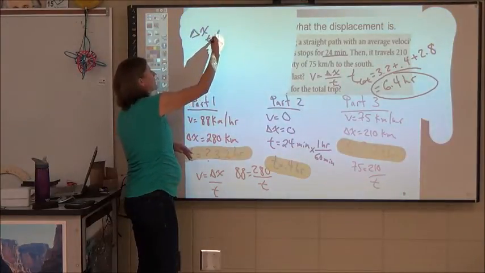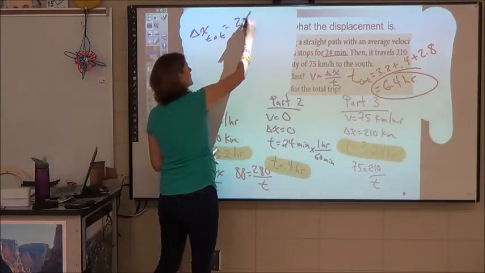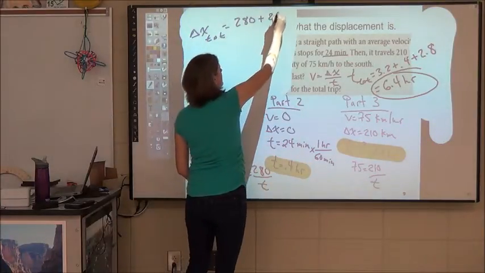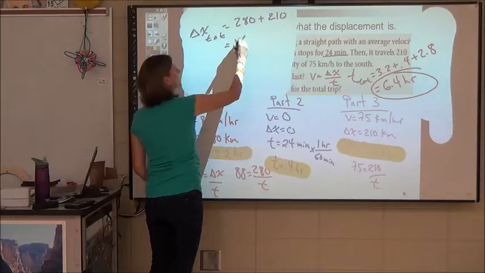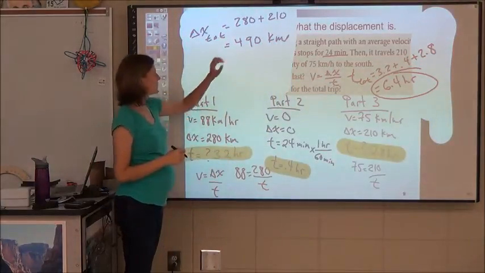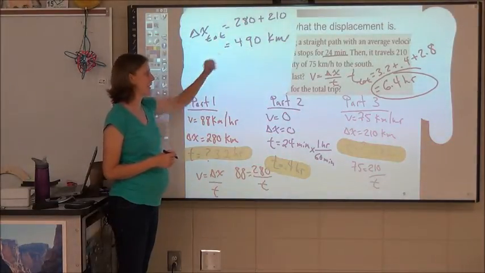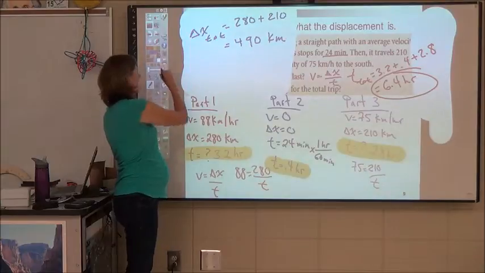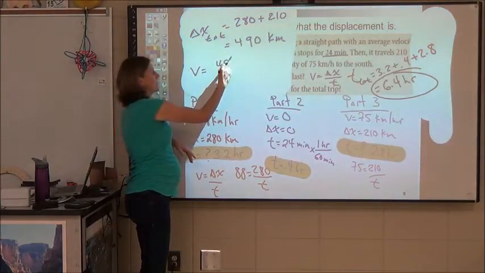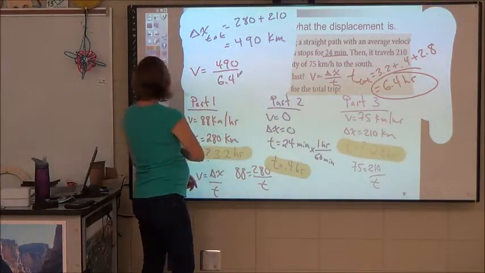Now, total displacement in this case equals 280 plus 0 plus 210. So that's my total displacement. Technically, I should say south, since it is a vector, need a direction. And last but not least, the average velocity for the whole trip would be 490 divided by the entire time, 6.4 hours.